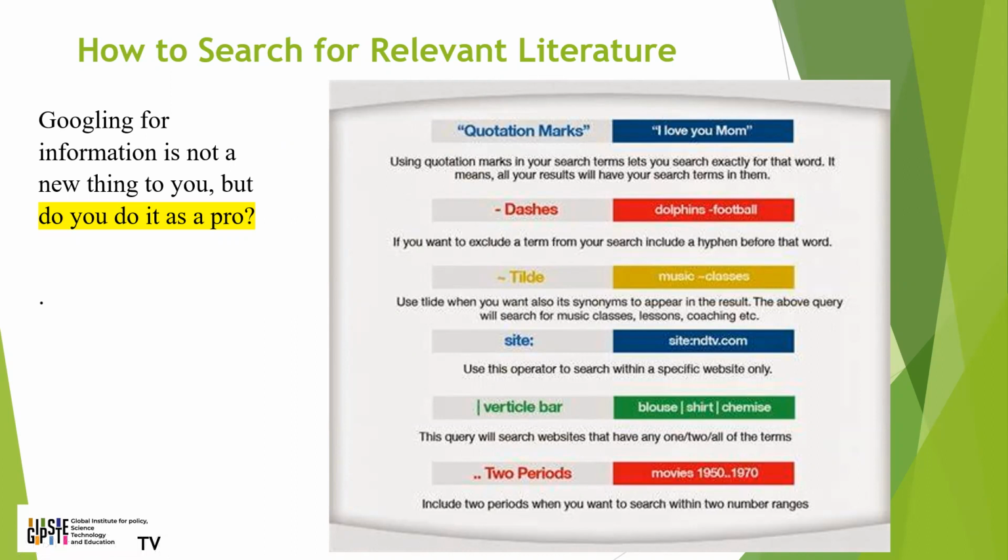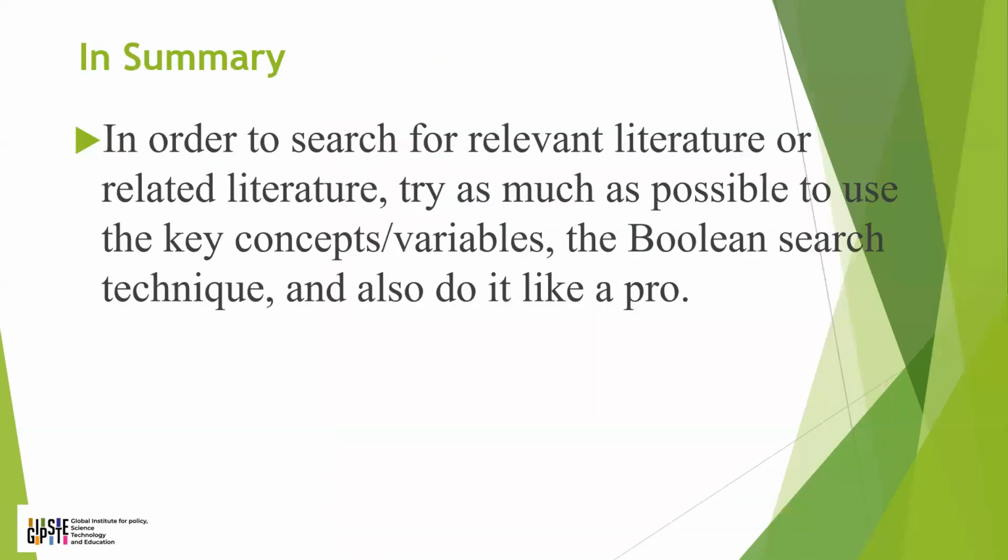So in this case, you include two periods when you want to search for the number range between 1950 and 1970. All movies that range between 1950 and 1970 will show for you to pick what you want to watch. So it's very, very important to do your search as a pro.